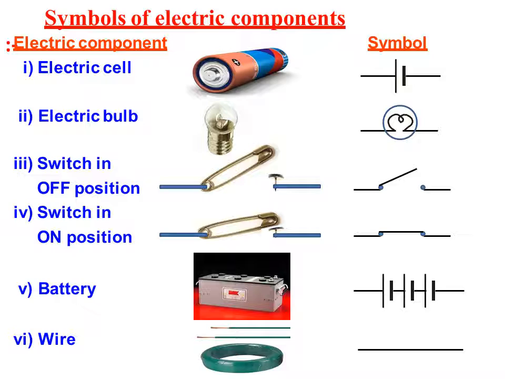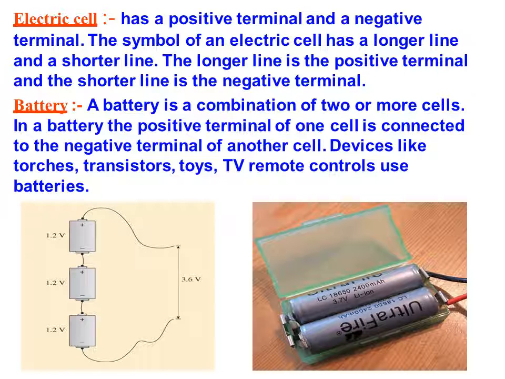So let's discuss the flow of electric current in all these components. Electric cell, that means the battery. What does it comprise of? It has a positive terminal and a negative terminal.